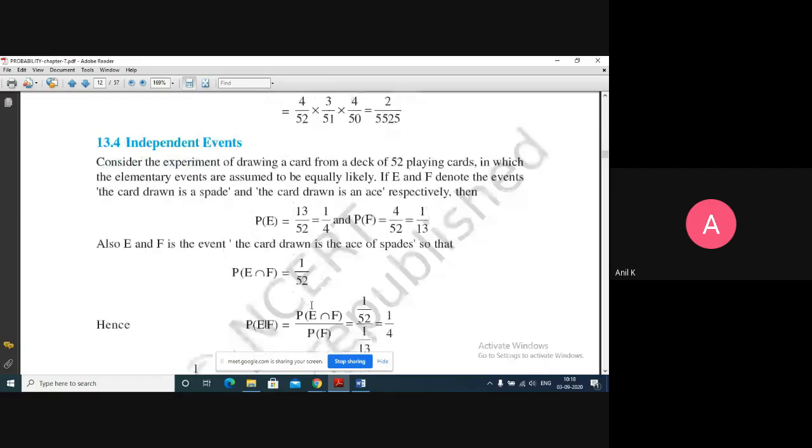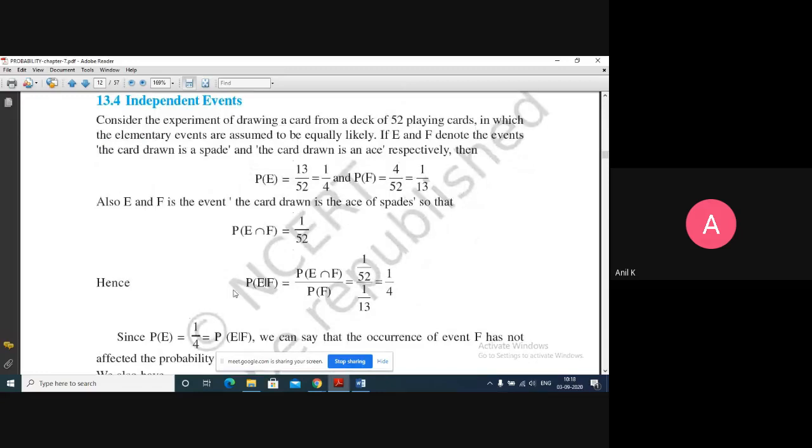That way also we can derive. Now hence the probability of E given F, the probability of happening E after happening F. That means F denotes you have first taken the ace, then it is a spade card. So we get the answer as 1 by 4.